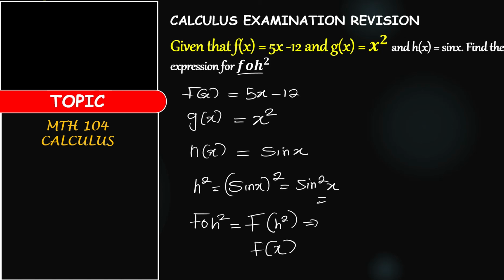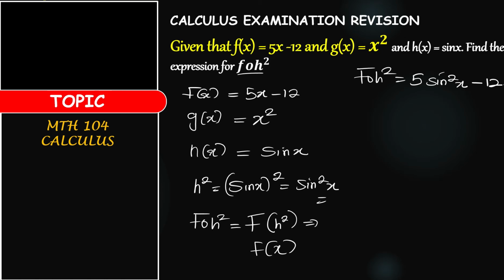Wherever you see x, put h squared. So this becomes 5, and then h squared is sine squared x, then minus 12.